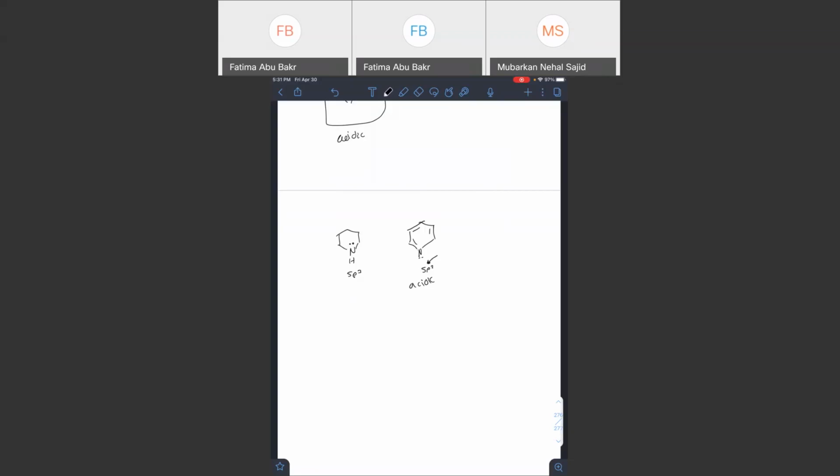Okay, so moving on. Amines, similarly to when we're reacting, so remember how we spent a lot of time talking about this kind of structure in the last lecture. But in this lecture, we're going to be moving more on to this structure.